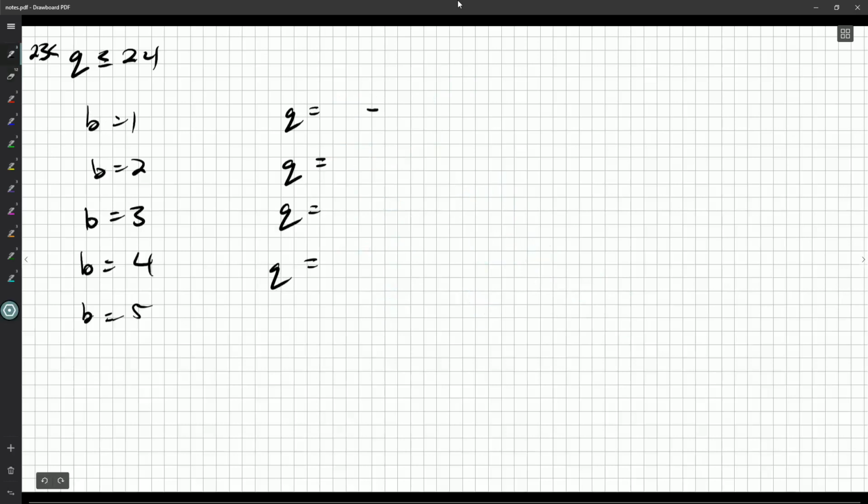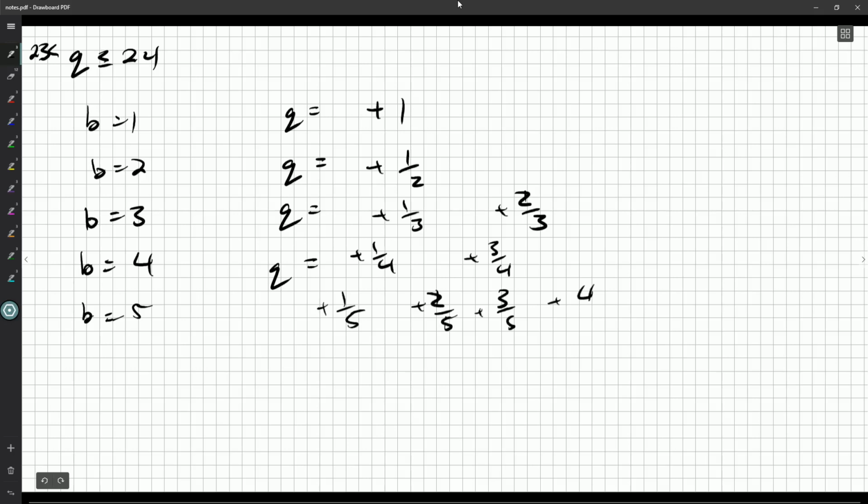So this is 23 plus 1. This is 23 plus a half, 23 plus a third, and plus 2/3. 23 plus a quarter, and plus 3/4. For a fifth, it's 23 plus a fifth, plus 2/5, 3/5, and 4/5. And so far I've got 1, 2, 3, 4, 5, 6, 7, 8, 9, 10 times 23.